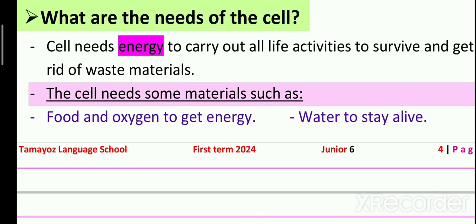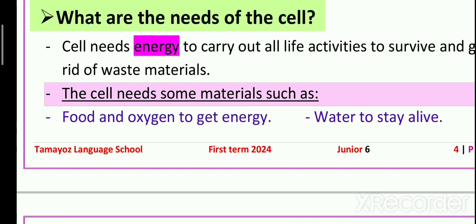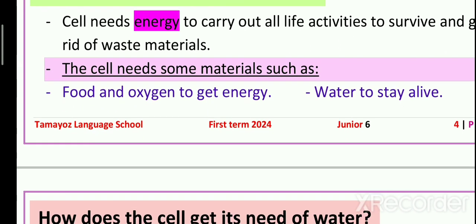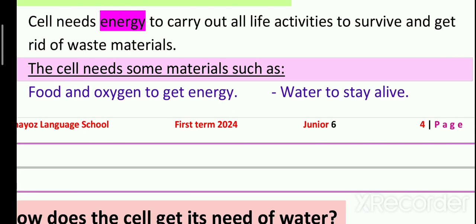Okay, the cell to get energy needs some materials like what? Like food and oxygen. So the cell needs energy. Why? To carry out all vital activities and to survive. The cell needs food and oxygen. Why? To get energy.